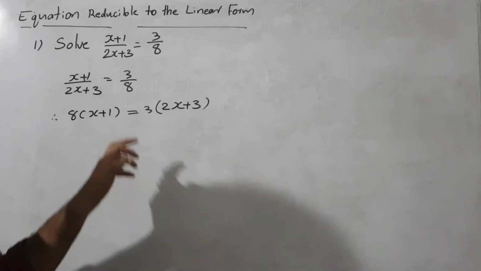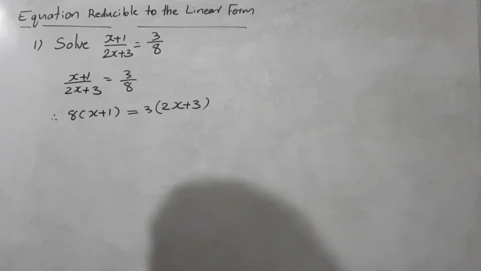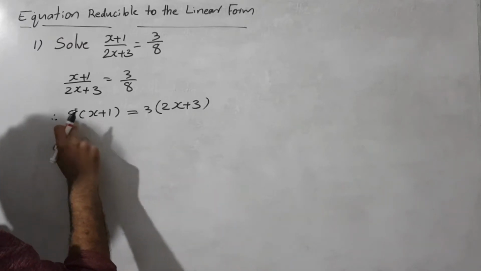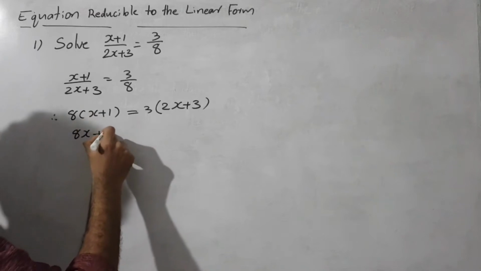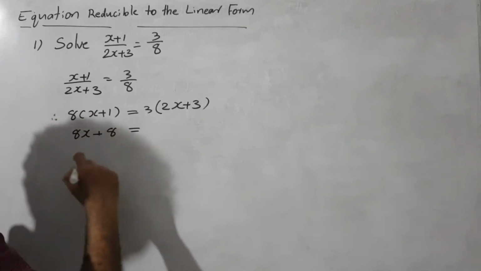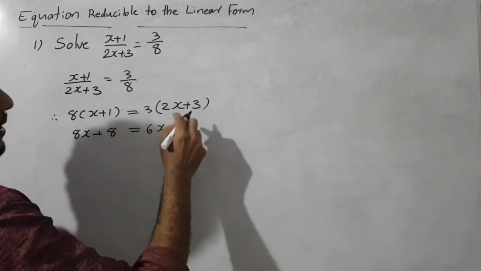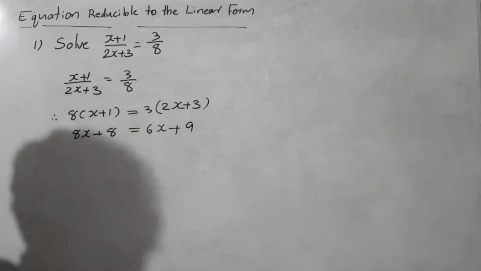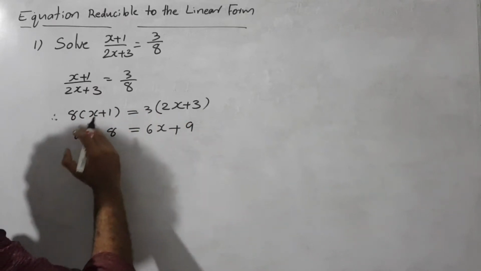If there is more than one term, we put a bracket. Then what is next? Expand the bracket. 8 into x is 8x, plus 8 into 1 is 8, is equal to 3 into 2x is 6x, 3 into 3 is 9. The next step: we take the variables to one side and the numbers to the other side.